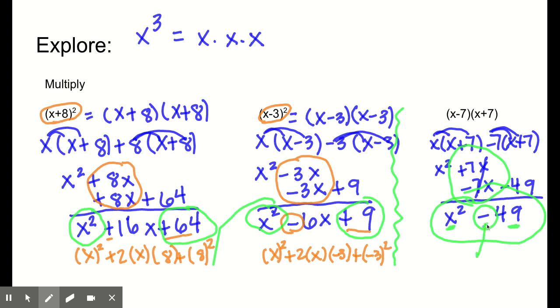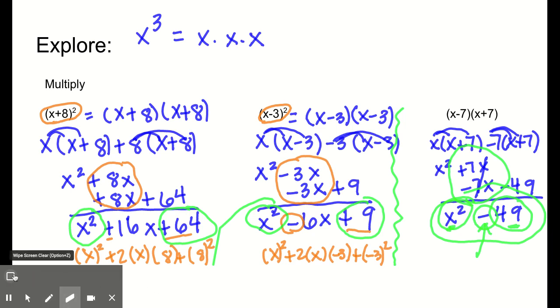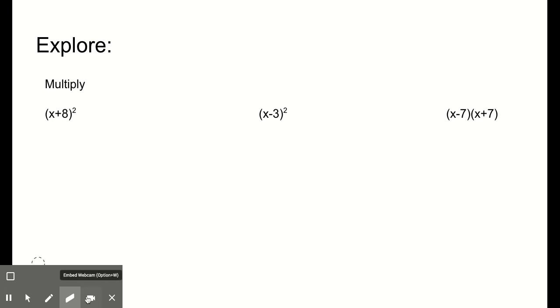Difference means subtraction. X squared is a perfect square, and 49 is a perfect square. So this is our difference of squares pattern. Let's take a look on the next slide and look at these in general terms.